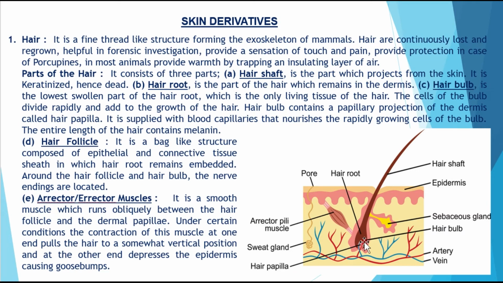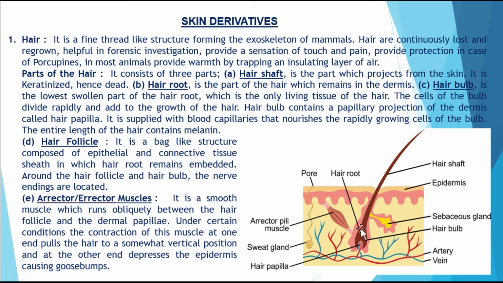Each hair papilla is supplied with blood capillaries that nourish the growing cells of the hair bulb, as it contains the living cells. Now these cells add length to the hair shaft. Understood? The growth continues from the hair papilla or hair bulb.